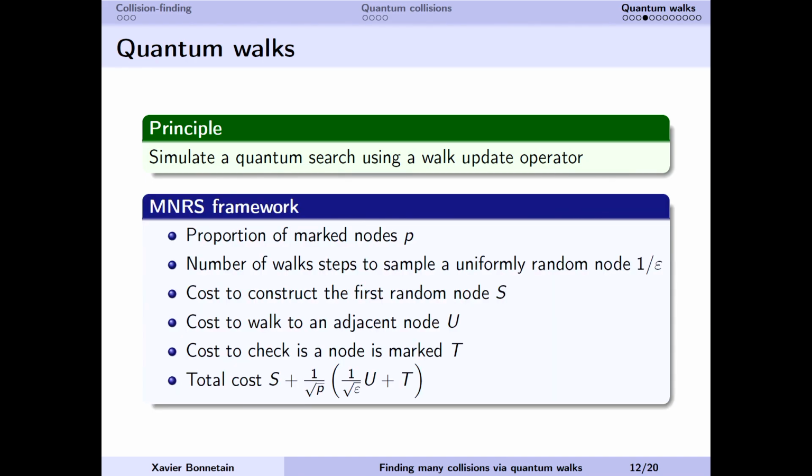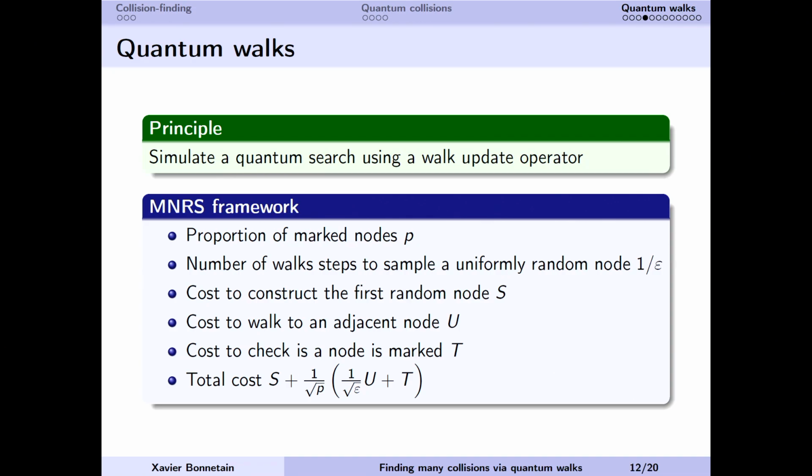And so this has roughly the same parameters as classical walk. Here I present quantum walk in the MNRS framework. We use the same property as for classical walk. The only thing that changes is the cost, where we have some gains due to quantum search.